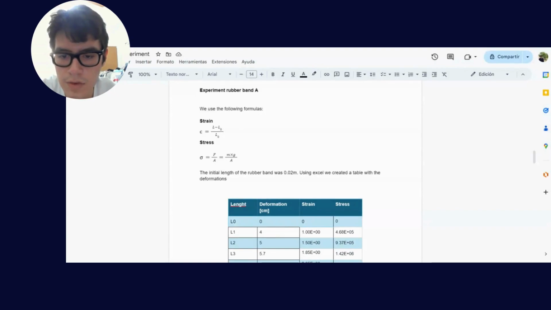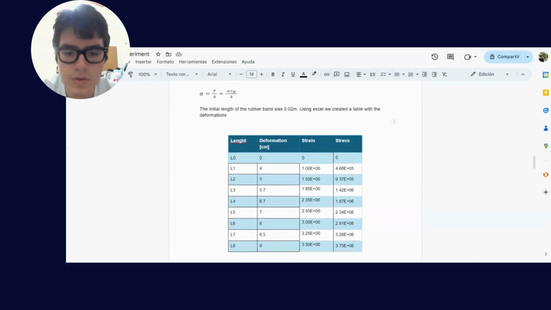The initial length for this rubber band, that was the smallest rubber band, was 0.02 meters. We used Excel to create a table with the deformations.